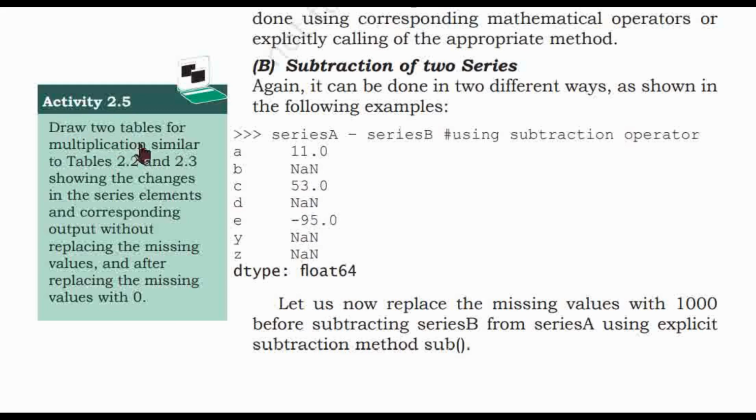Activity 2.5. Draw two tables for multiplication similar to table 2.2 and 2.3, showing the changes in the series elements and corresponding output without replacing the missing values and after replacing the missing values with 0.